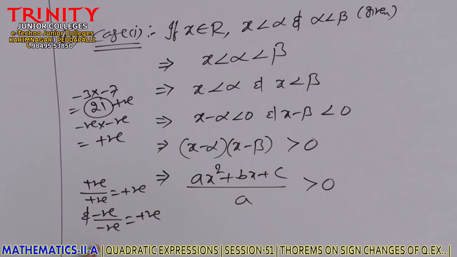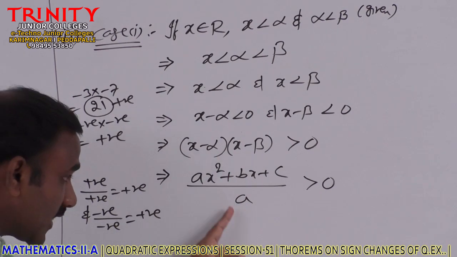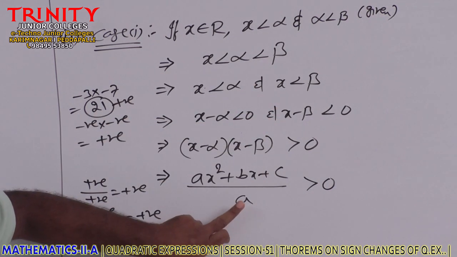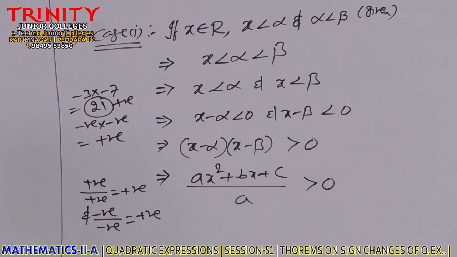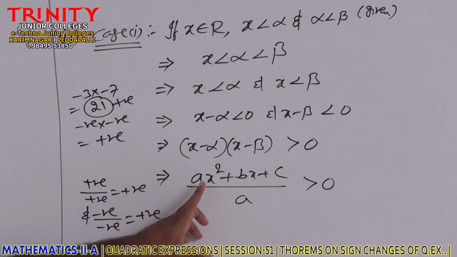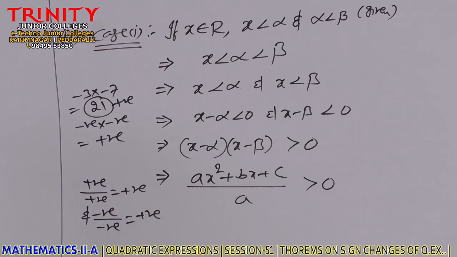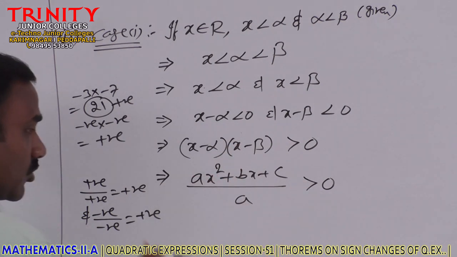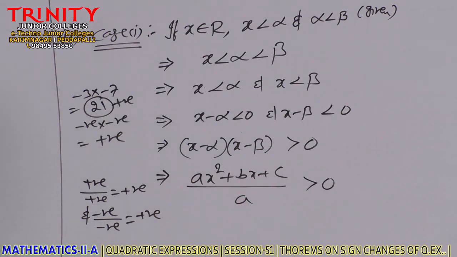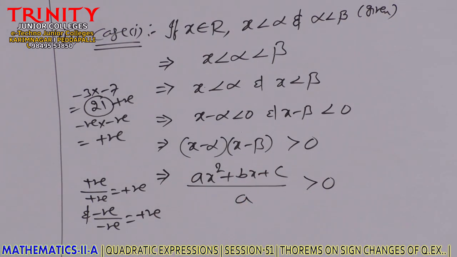It indicates the expression and the coefficient of x square a both have the same sign. Positive by positive is positive. Negative by negative is also positive. Therefore, this is greater than 0 if both ax square plus bx plus c and a have the same sign.